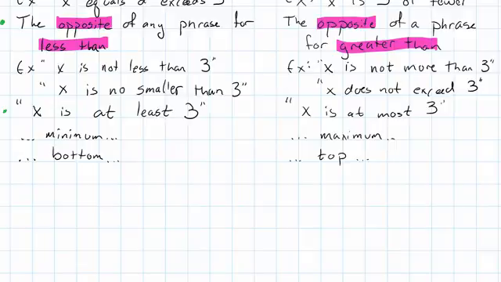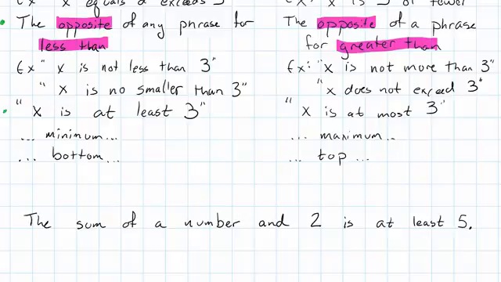So let's see how we use these and see how we write down an inequality from a sentence. Let's say that we're told that the sum of a number and 2 is at least 5. So looking at this, the first thing I do is look for a verb.